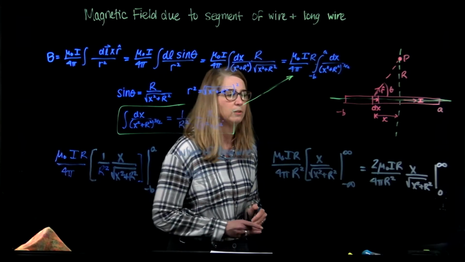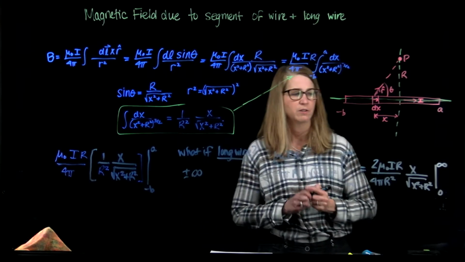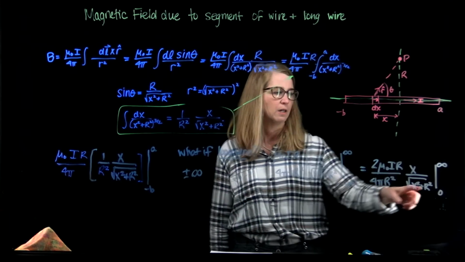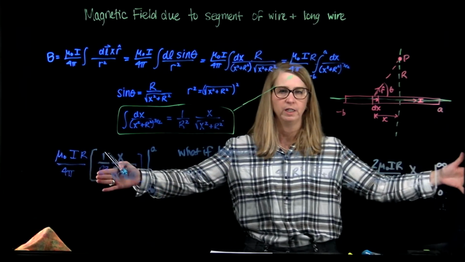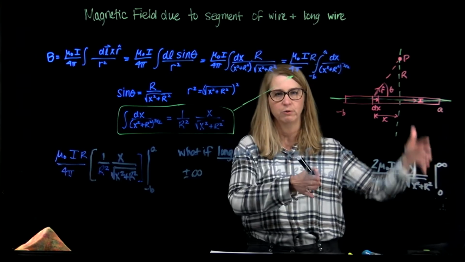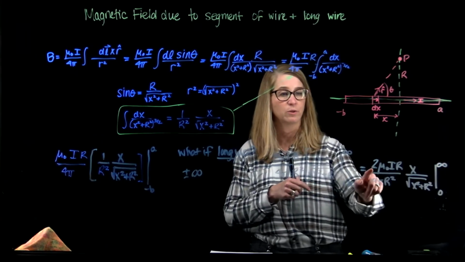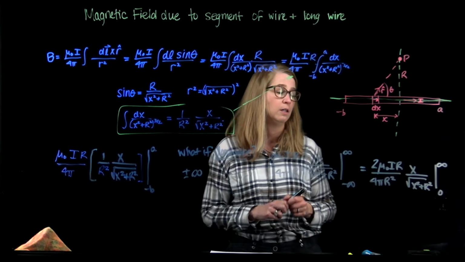All that I did was try to get rid of the minus infinity by saying that from minus infinity to plus infinity is the same as going from 0 to infinity twice. And that's where this factor of 2 comes in.